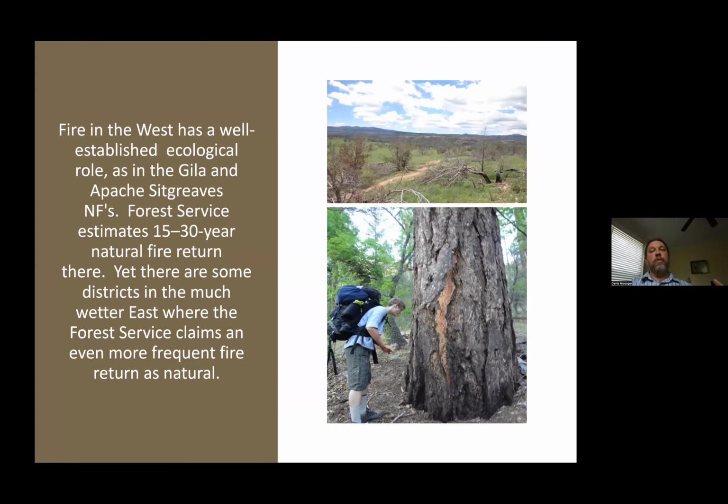And so, whereas in the West, you may have many places where forest communities or woodland communities would often completely replace and regenerate with very strong fire, in the East, we have a different situation.